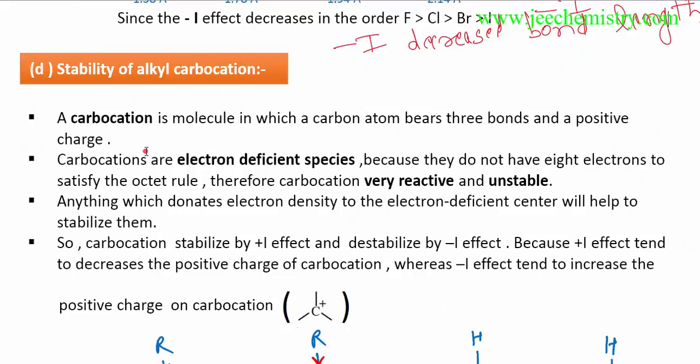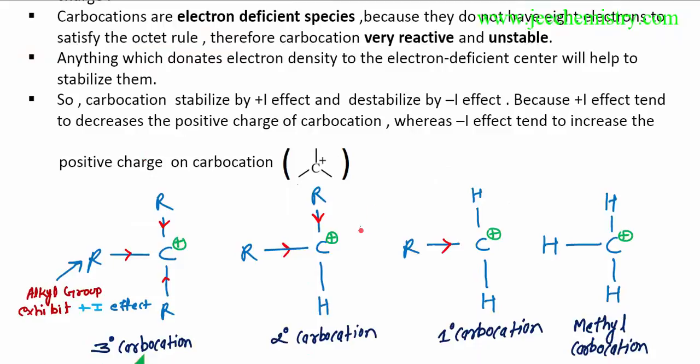Stability of alkyl radical. As I have already told, the alkyl species here is a carbocation. A carbocation is electron deficient. So whichever groups or atoms increase this electron deficiency, or provide electrons, matter, because it is electron deficient.